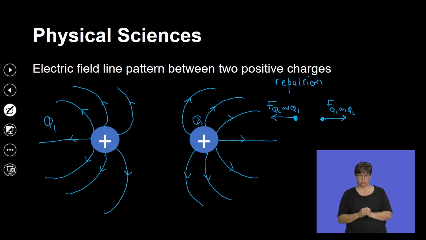Now, if we take these vectors into account, we would understand that as per Newton's third law, because these are object A and object B, F of Q2 on Q1 is actually negative F of Q1 on Q2, right?